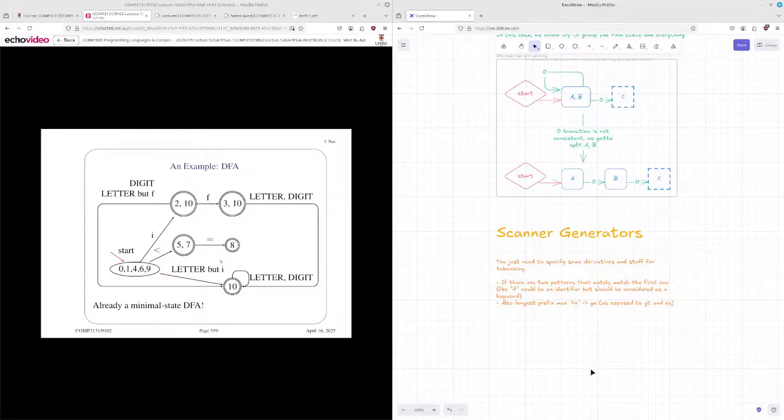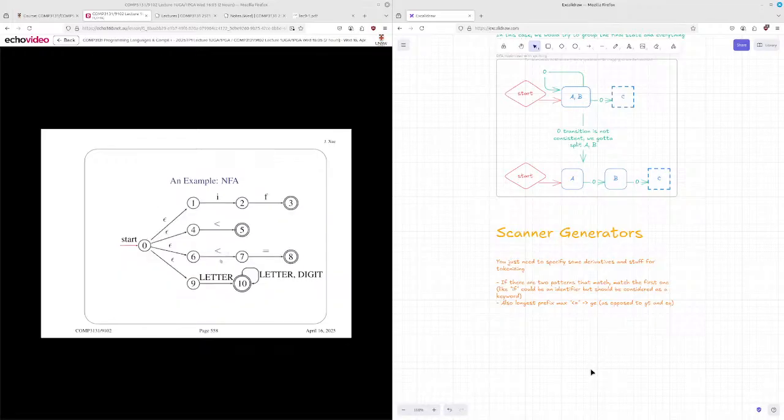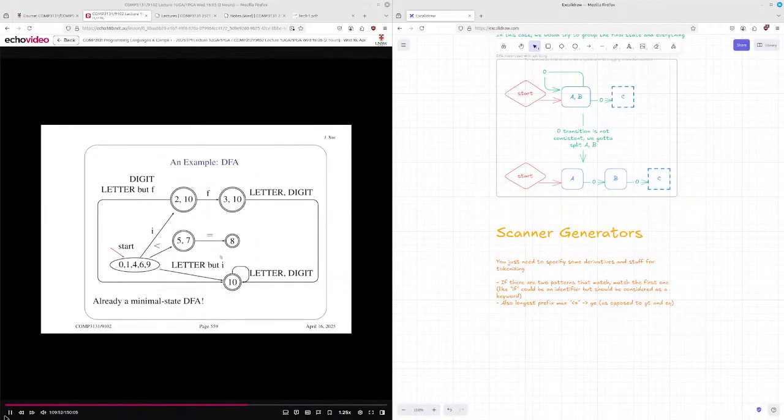Remember the subset construction algorithm we just learned like 40 minutes ago? Now the scanner generator is going to take that and give you a DFA.